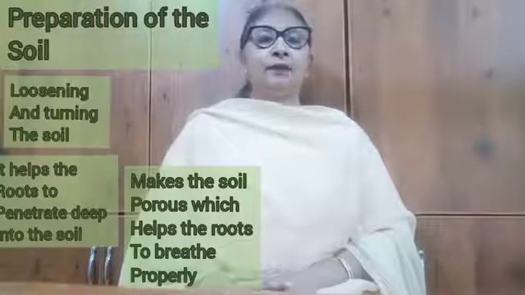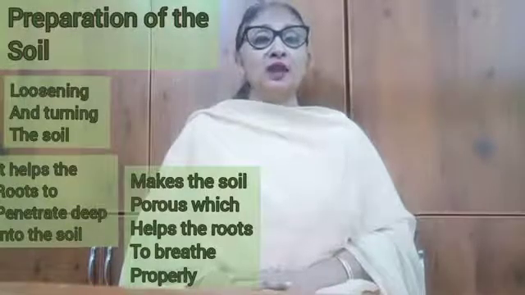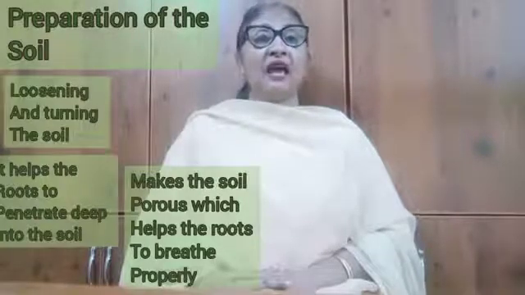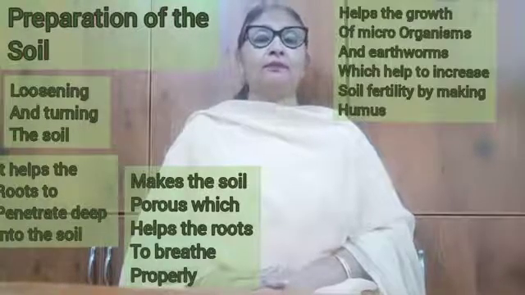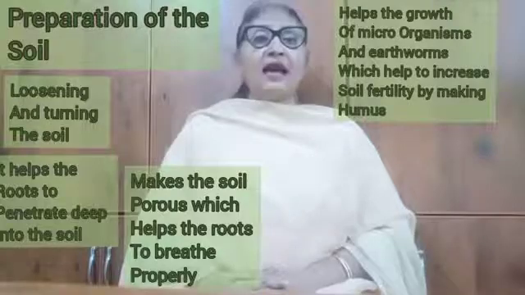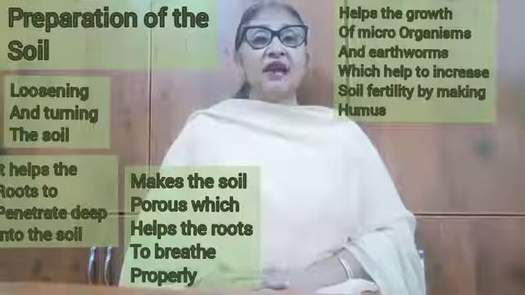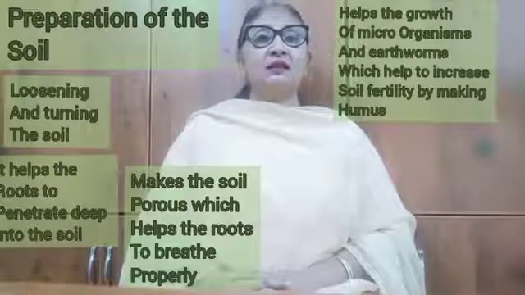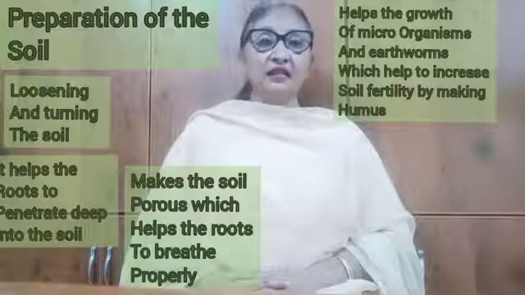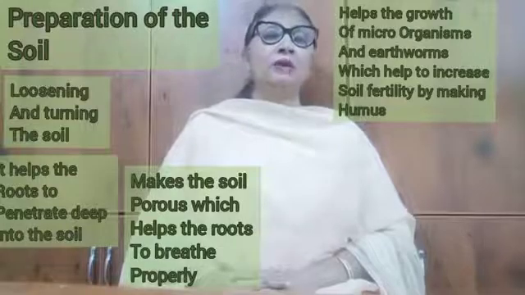Next, turning and loosening of the soil also encourages the growth of microorganisms and earthworms. These are very essential because they increase the soil fertility by adding humus to the soil.